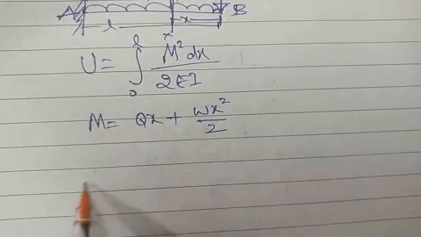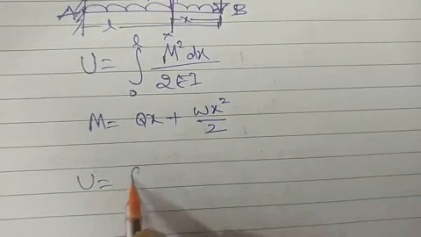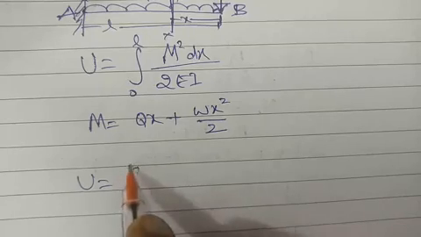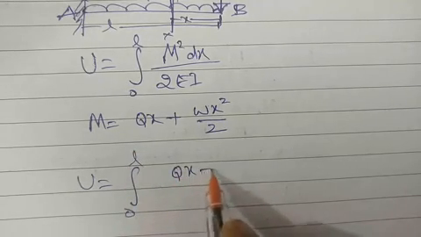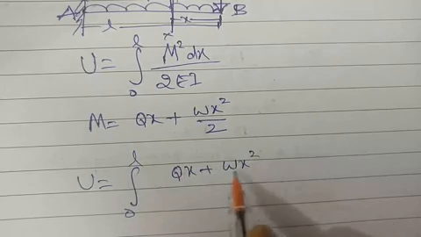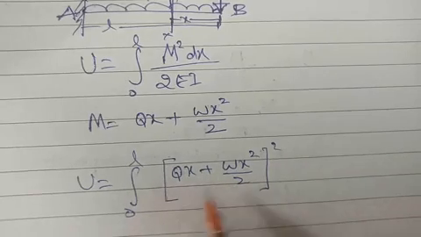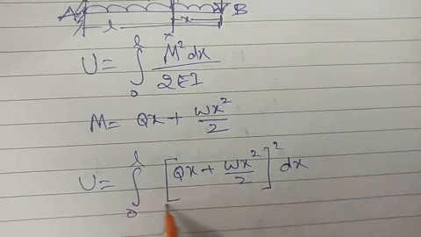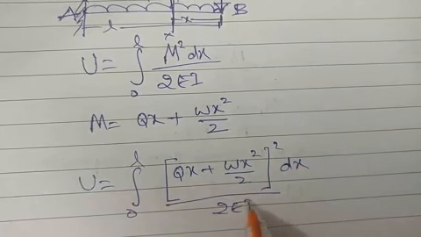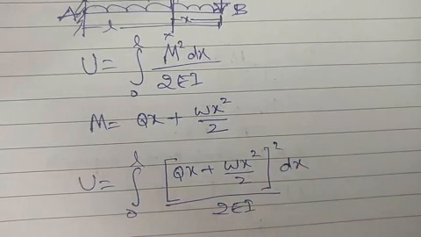Substitute this in strain energy. U is equal to integral 0 to L, Qx plus W x square by 2 whole square dx by 2EI.